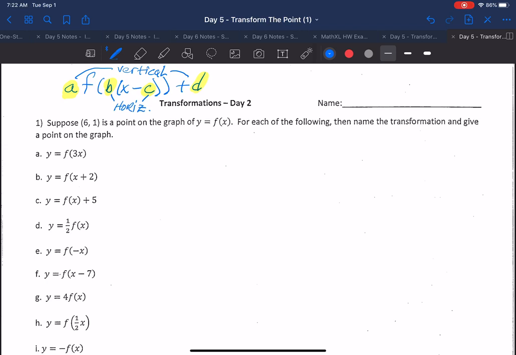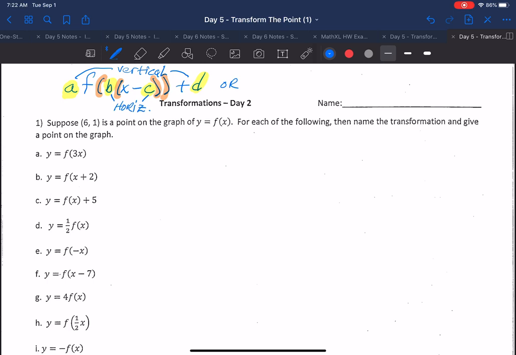One of the reasons I wrote this function the way I did is because if you factor out the B, and you'll learn more about this as we go, then this will tell you whether it's a stretch or a shrink. If you don't factor the B out, it still tells you whether it's a stretch or a shrink. But the location of C changes if you write it like this.